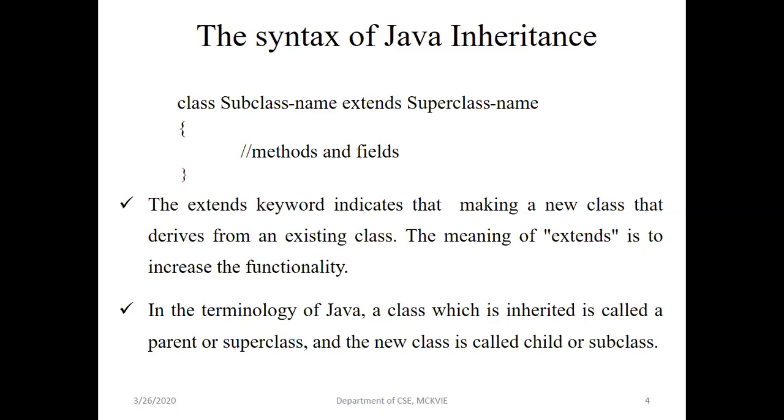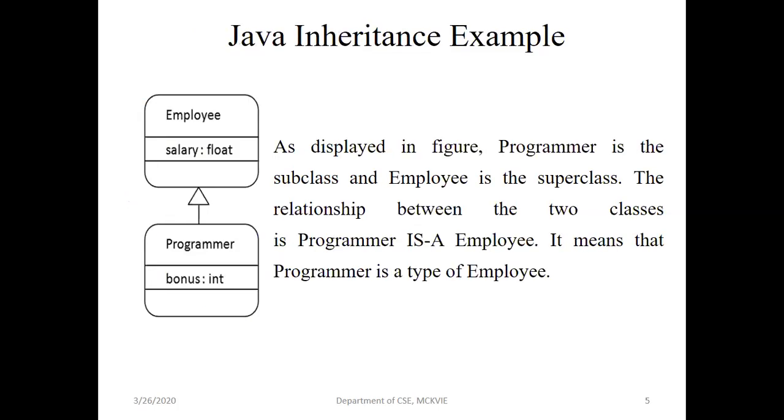So that's why the meaning of extends is to increase the functionality. In Java terminology, a class which is inherited is called a parent or superclass, and the new class is called the child class.